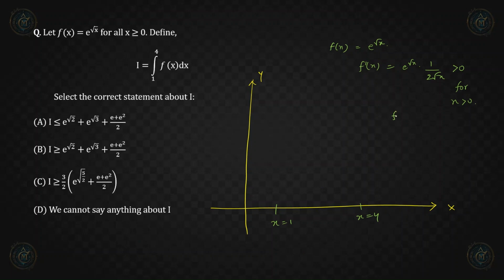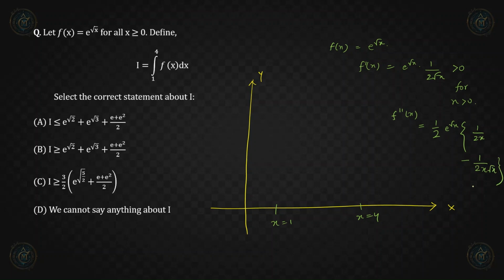And if we check the concavity of the graph, f double dash x will be half times e to the power root x outside, then we have here 1 by 2x, then minus 1 divided by 2 x to the power 3 by 2, that means x root x, right?